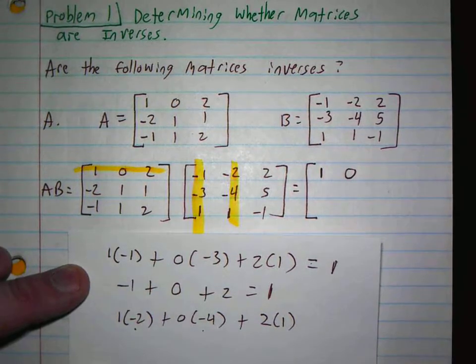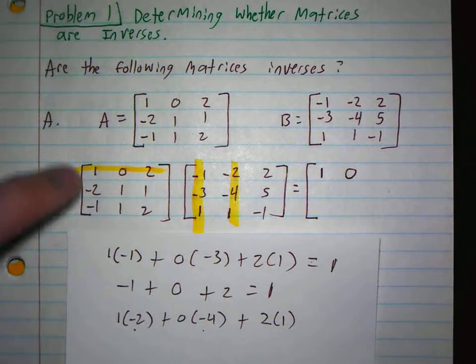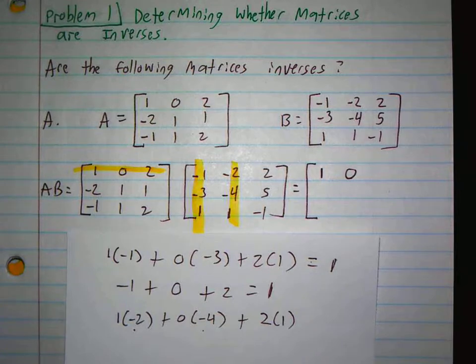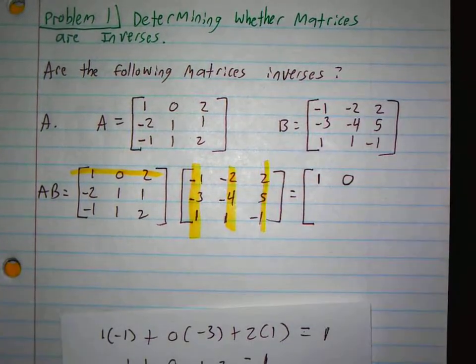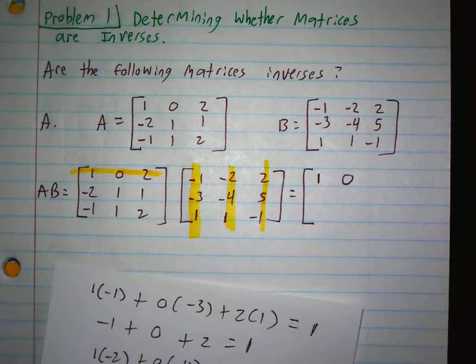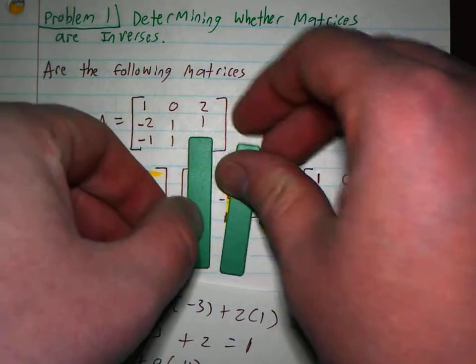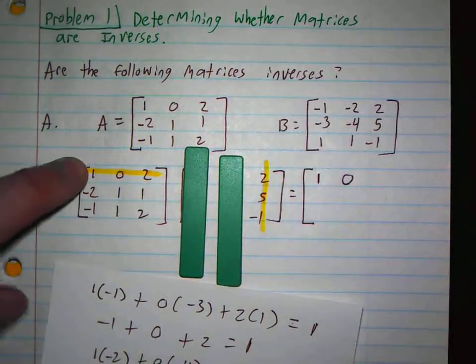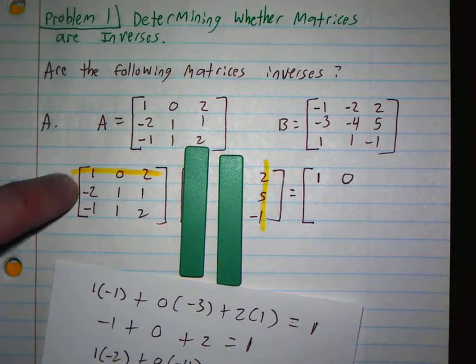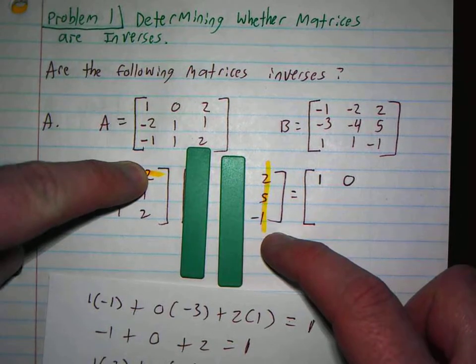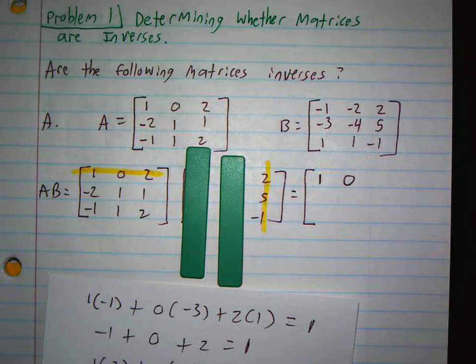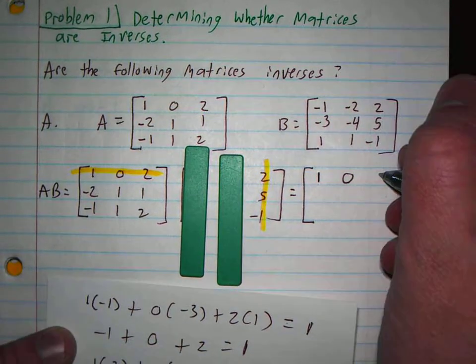So we're off to a good start. Now I'm going to take that row times the next column. I have 2 plus 0 plus -2, and 2 plus 0 plus -2 is 0.